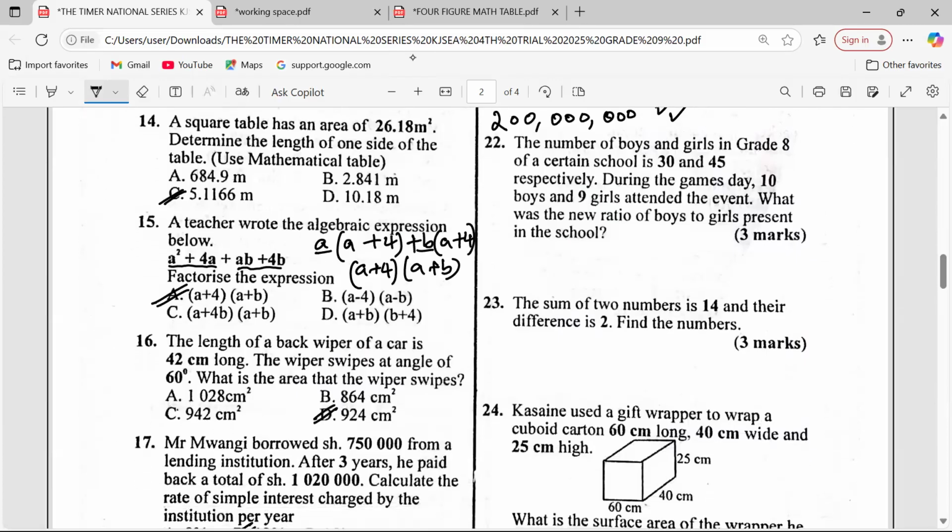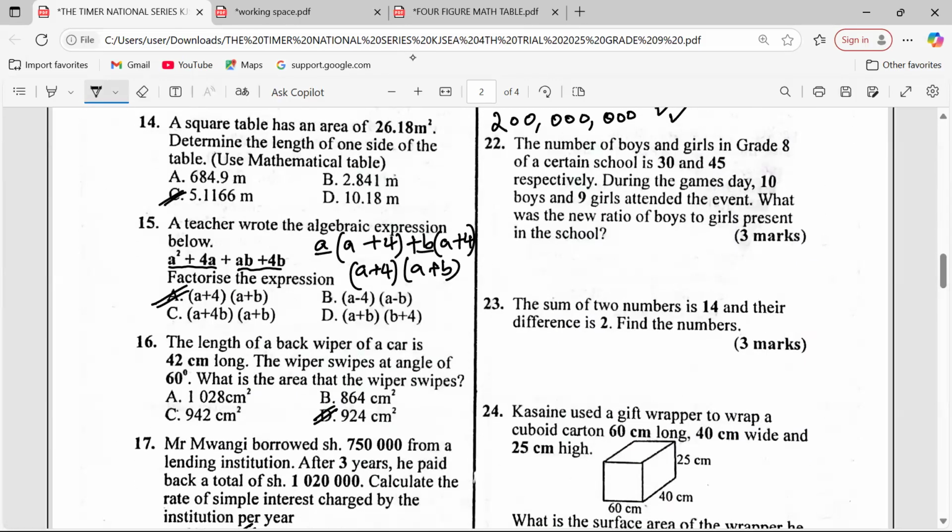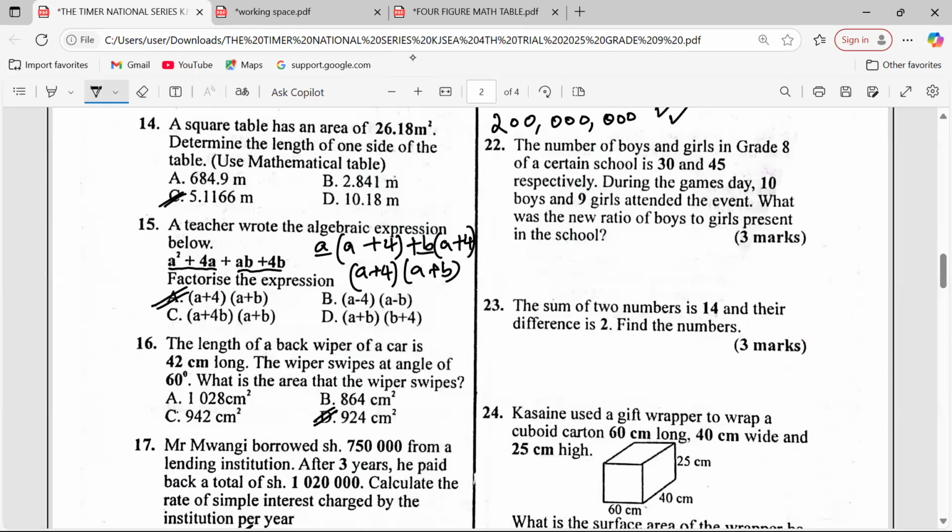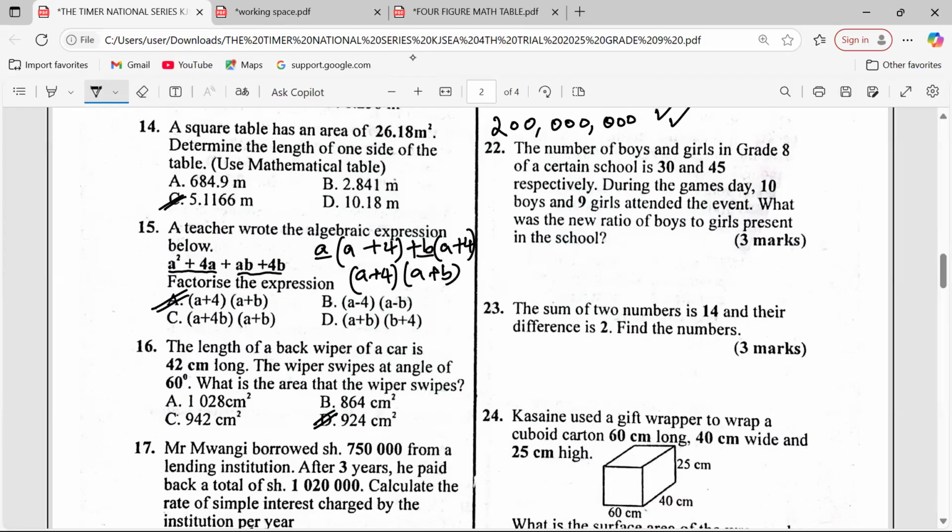Let's look at number 22. The number of boys and girls in grade 8 of a certain school is 30 and 45, respectively. During the games day, 10 boys and 9 girls attended the event. What was the new ratio of boys to girls present in school?